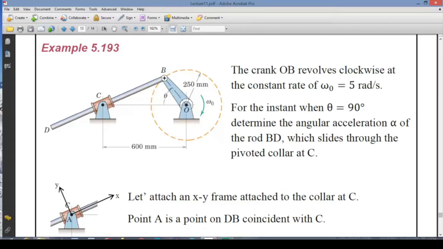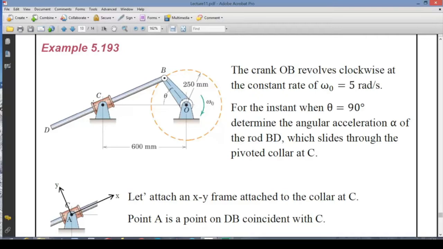That means we can calculate the velocity and acceleration vectors of point B, and point B is actually a part of this BD bar. So we will be able to calculate the velocity and acceleration of a point on this bar. Then for another point, we can write out an equation based on our rigid body kinematics.